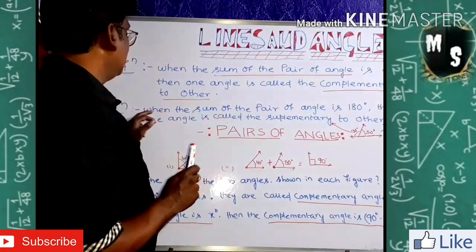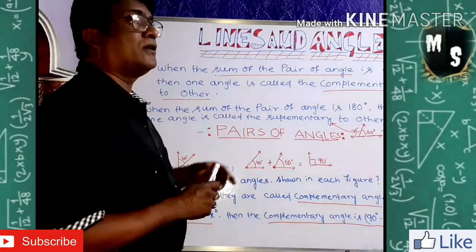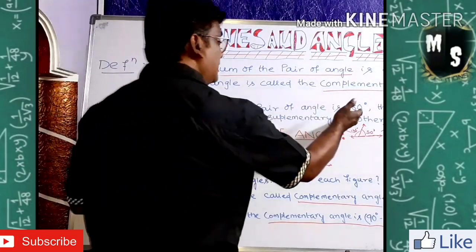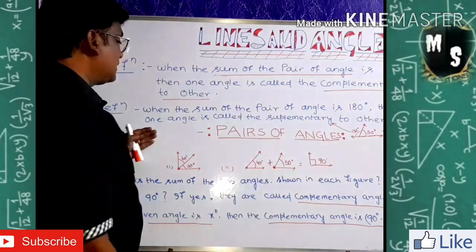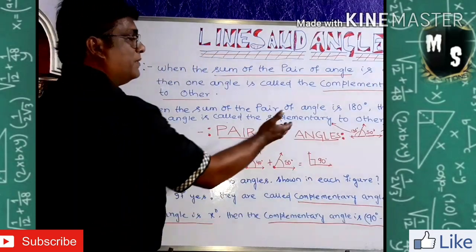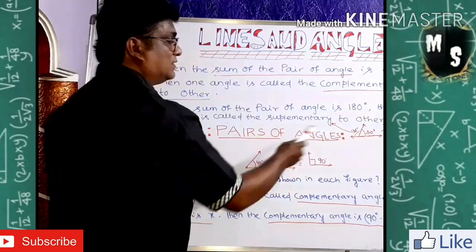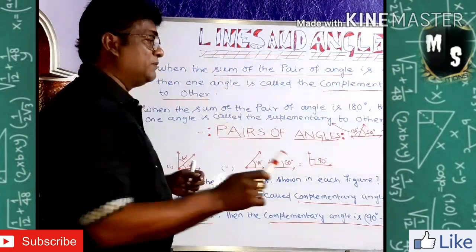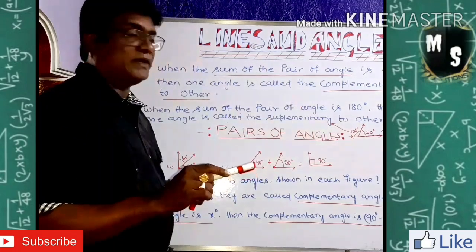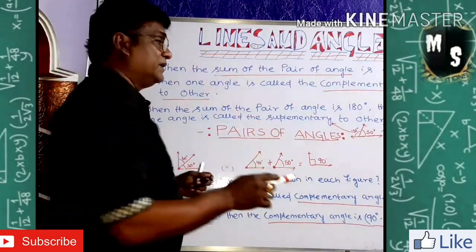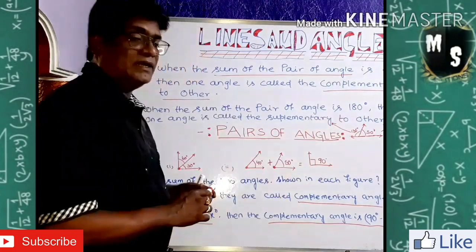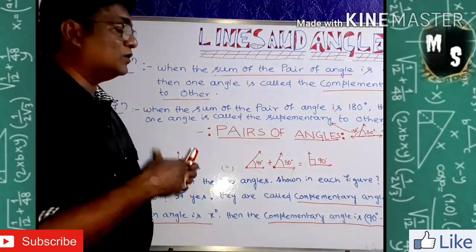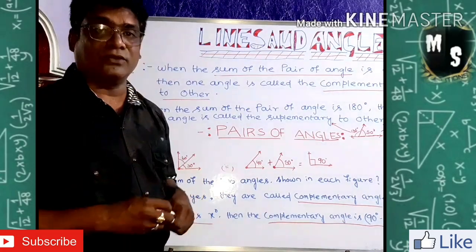So that is written here: when the sum of the pair of angles is 180 degrees, then one angle is called the supplementary of the other. That means the supplement of 130 is 180 minus 130, that is 50 degrees, and the supplement of 50 degrees is 180 minus 50, that is 130 degrees. Like that we can determine other supplementary angles also.